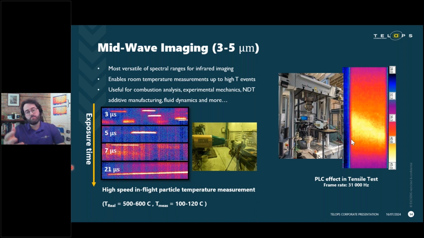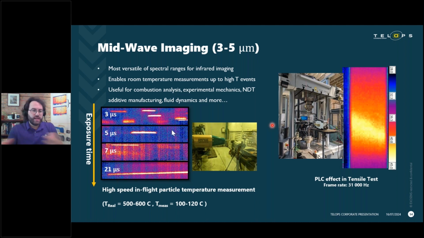So that's why midwave camera going in the longer wavelength is able to get that radiance and have a better contrast compared to shortwave imaging, which wouldn't be able to show any kind of image for this. The stretching of those particles also lowers the temperature that each pixel is indicating. So that's why there's an extra level of processing that has to be done when you want to get to that real temperature of your object for this kind of blurring image.